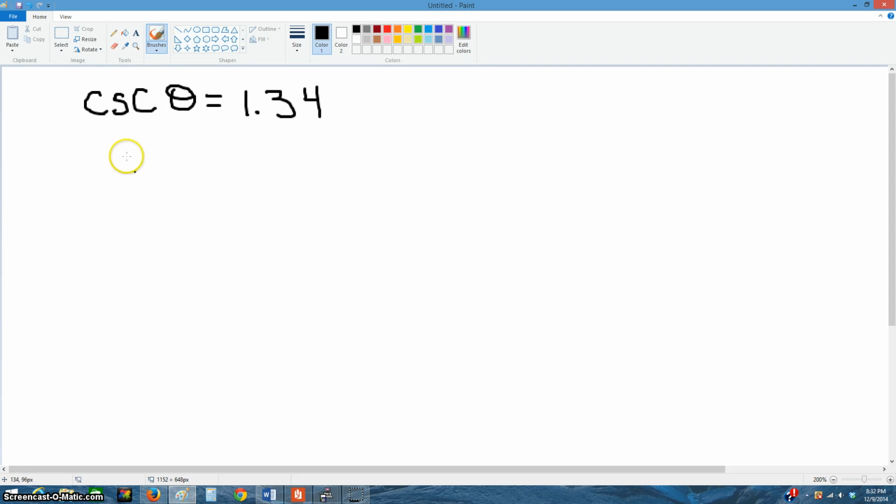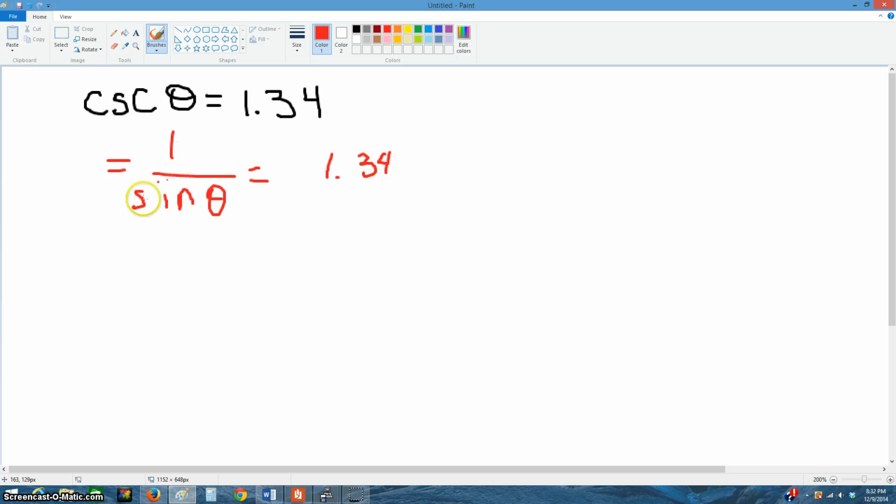So really, this is the same thing as saying 1 over sine of theta is equal to 1.34.